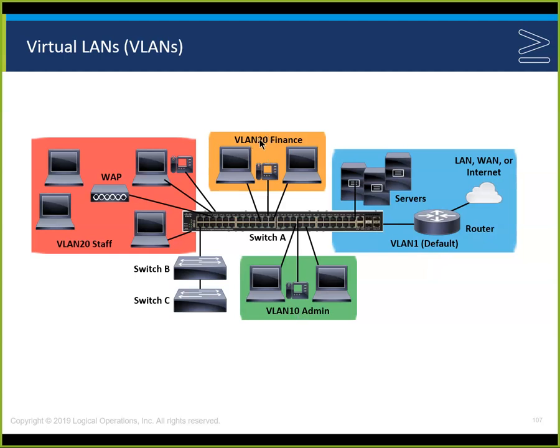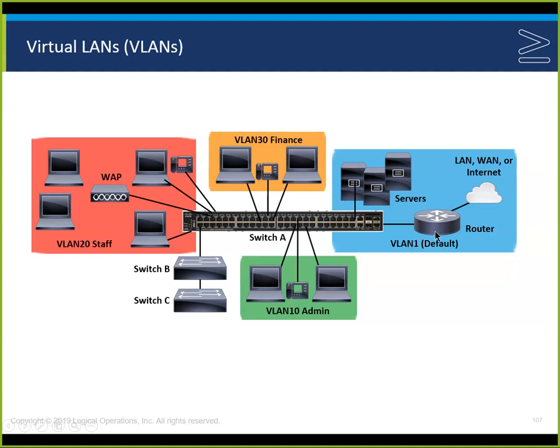Finance here, let's say that's on 30 or 40 or something like that. Let's change that one. Let's make them VLAN 30 because we've got 10, 20, and 30 now. All right. Different VLANs. These guys are in the same broadcast domain, same broadcast domain, same broadcast domain.